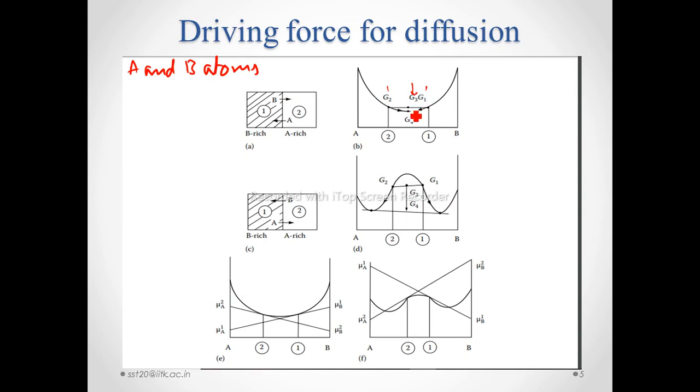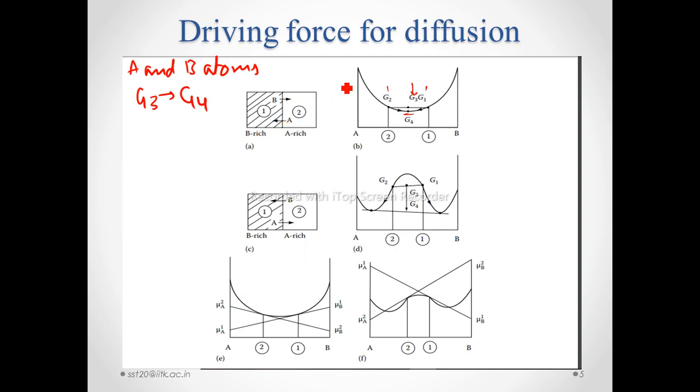It needs to reduce its Gibbs free energy from G3 to G4, correct? This is the G4 value. This will take place by moving atom B towards the A rich region and atom A towards the B rich region.